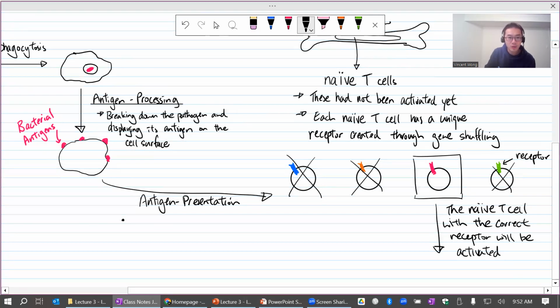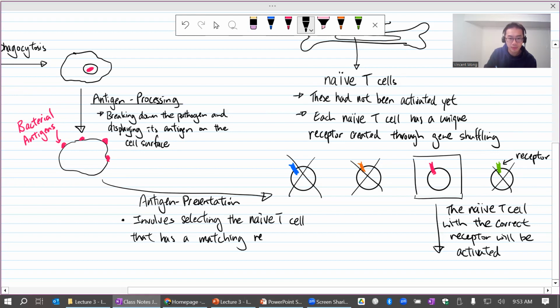Okay, so antigen presentation involves selecting the naive T cell that has a matching receptor.